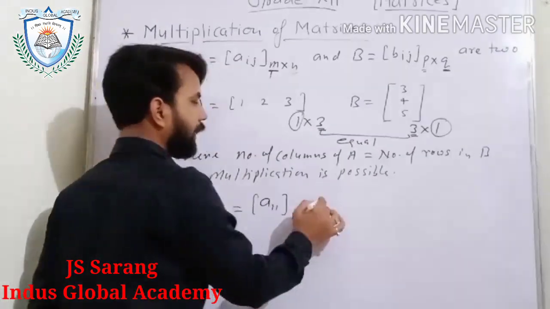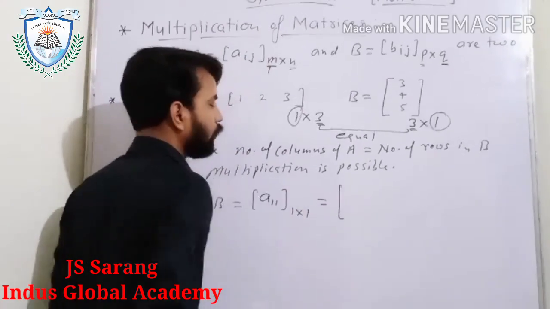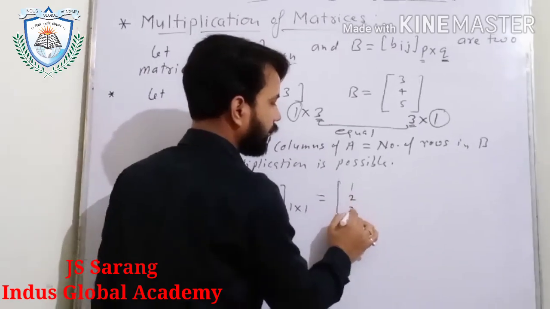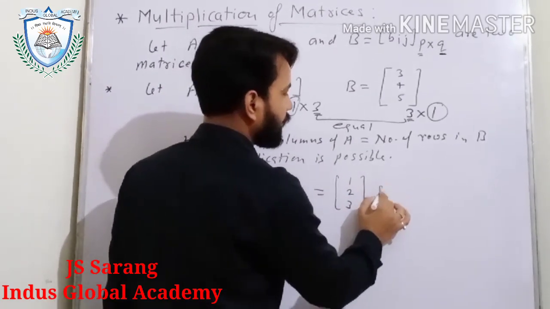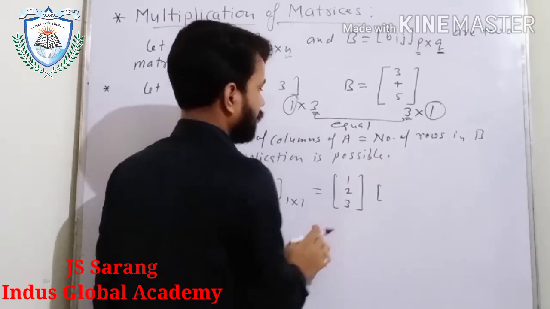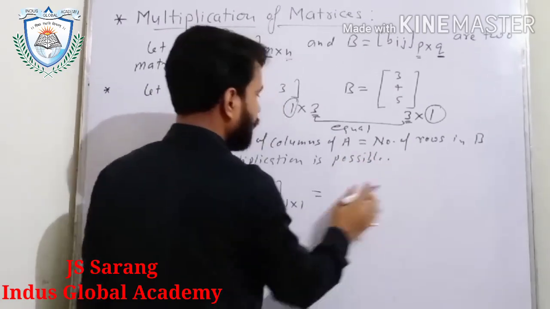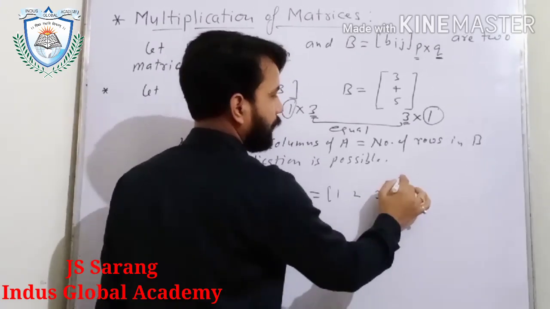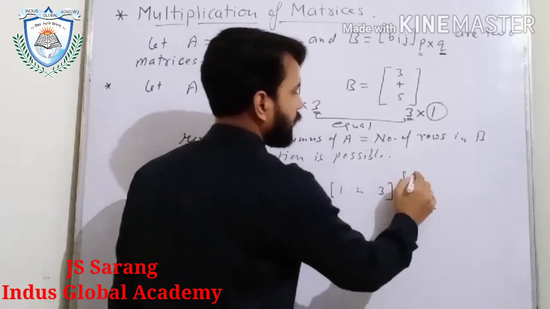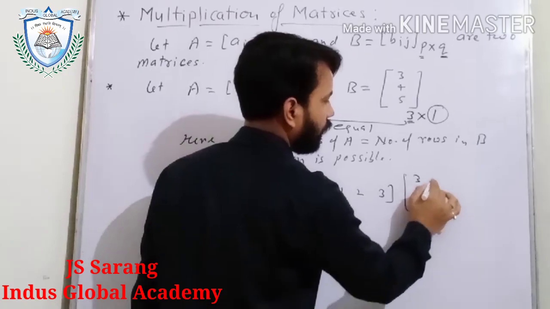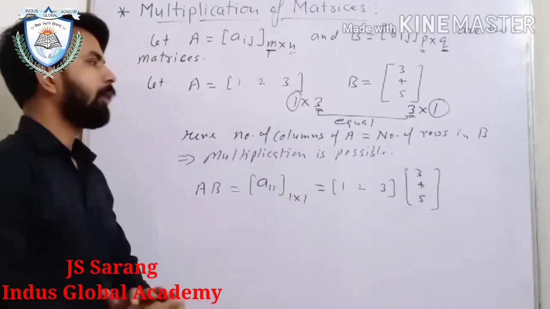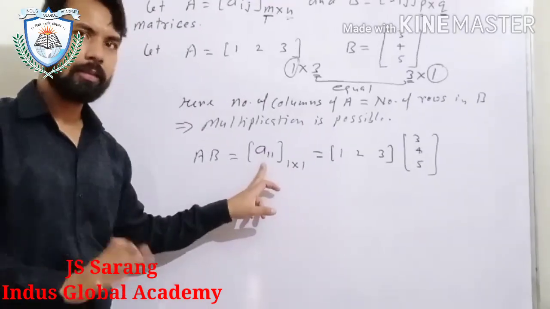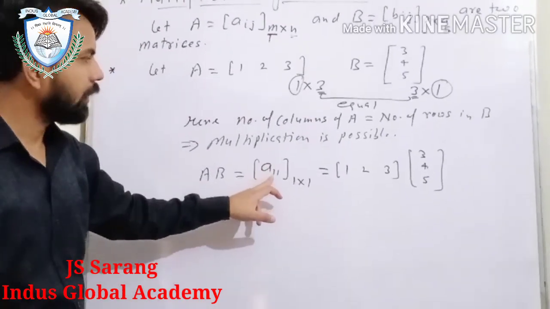Now how can we find this? So first we have to note the matrices. Matrix A is 1 2 3. This is a row matrix, and matrix B is a column matrix, that is 3 4 5. Now we have to find out their product. So as you know that there is only one element, we have to find A11.